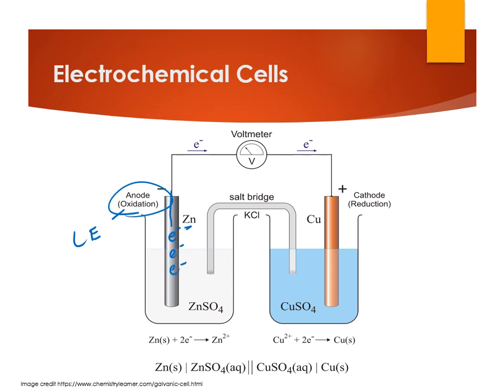Those electrons are going to flow through this wire over to this piece of copper. The copper that's here in the solution is going to take those electrons and turn into copper metal, and that copper metal is going to come and stick to the cathode. The cathode is where reduction happens. We're going to gain electrons over here.